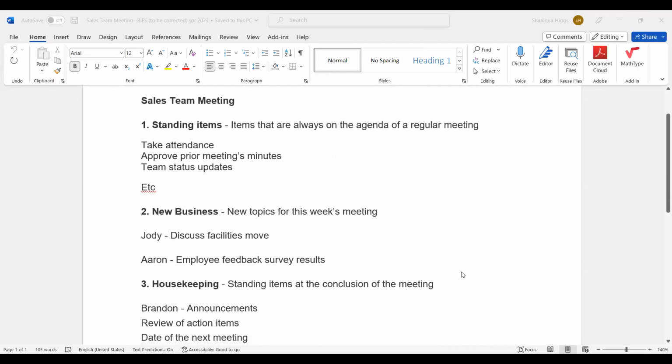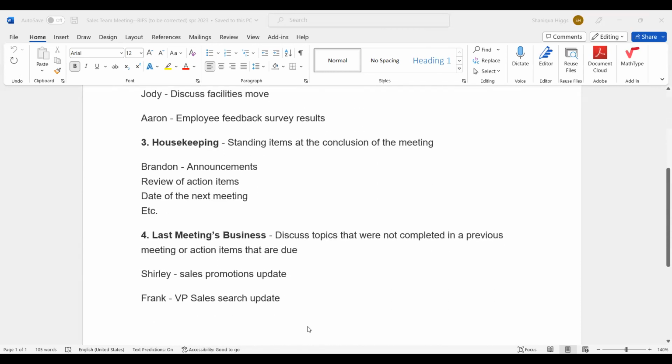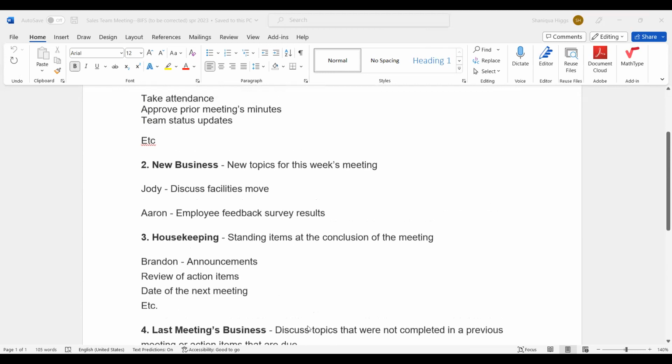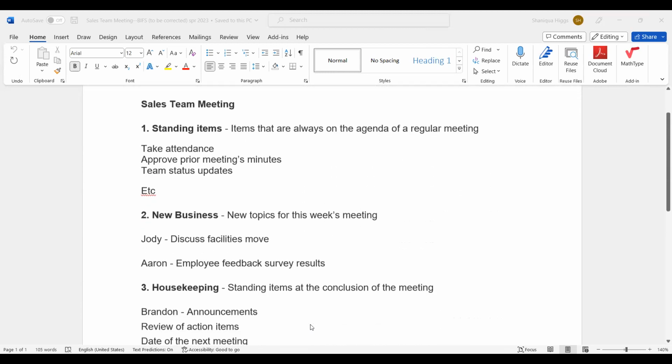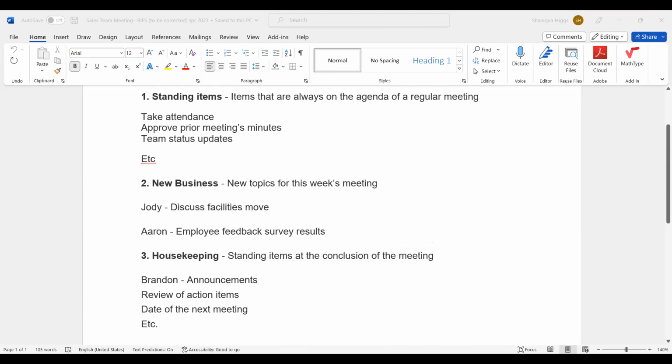As you're correcting this, I want you to also look at the order of events proposed for this meeting. I'm going to email this to each of you so that you can correct this. I'm going to give you 10 minutes to make some corrections, make notes about what needs to be corrected. So let me send this to each student in the class.